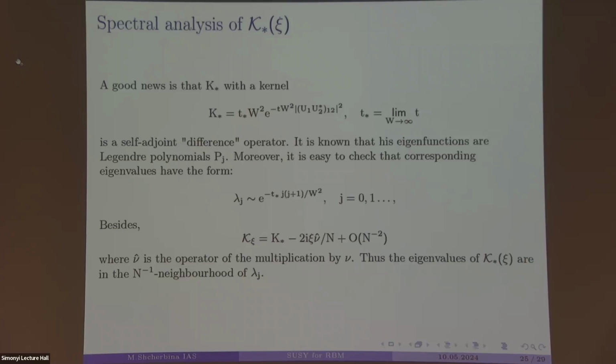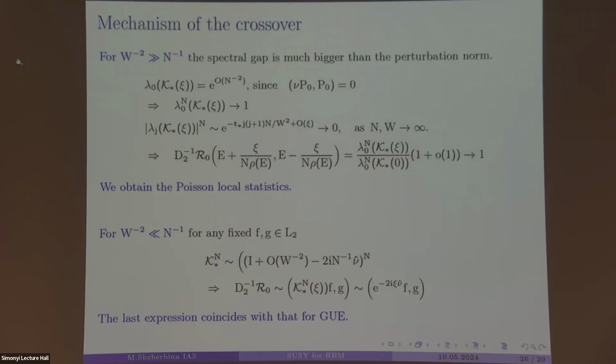Therefore, it is known what the eigenvalues and the non-random eigenvectors are, because in this situation your operator is constant on each irreducible representation. So you just consider the eigenvectors in this irreducible representation, they are Legendre polynomials, and then you obtain the results.